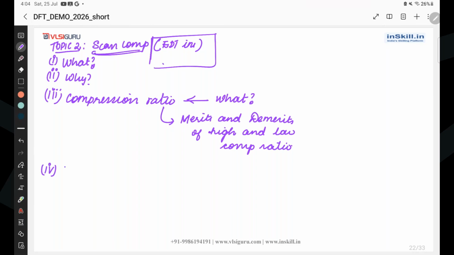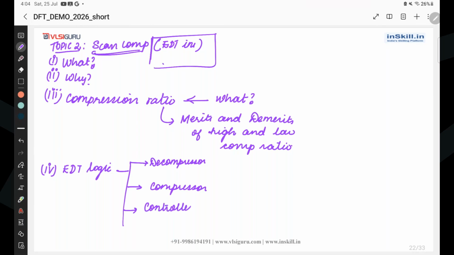And then the compressor block, and then the controller, and then the bypass logic.